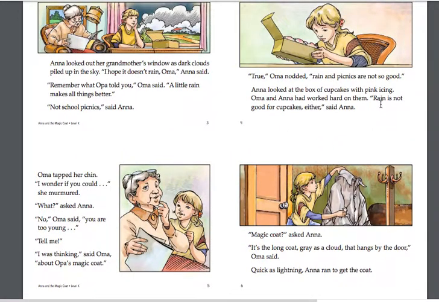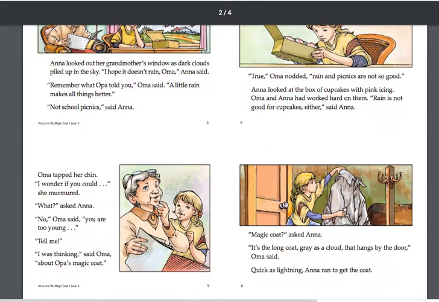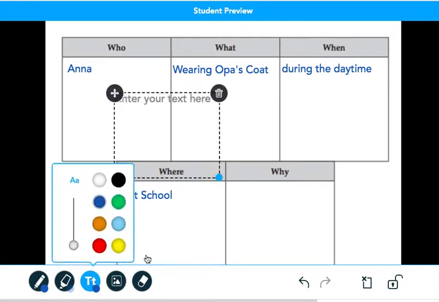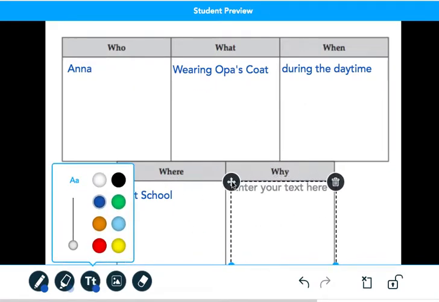Like here she says, rain is not good for cupcakes. So I think that she is wearing this coat during the daytime at school so that she can change the weather. So I'm going to say why, I'm going to put my text box here, to change the weather.